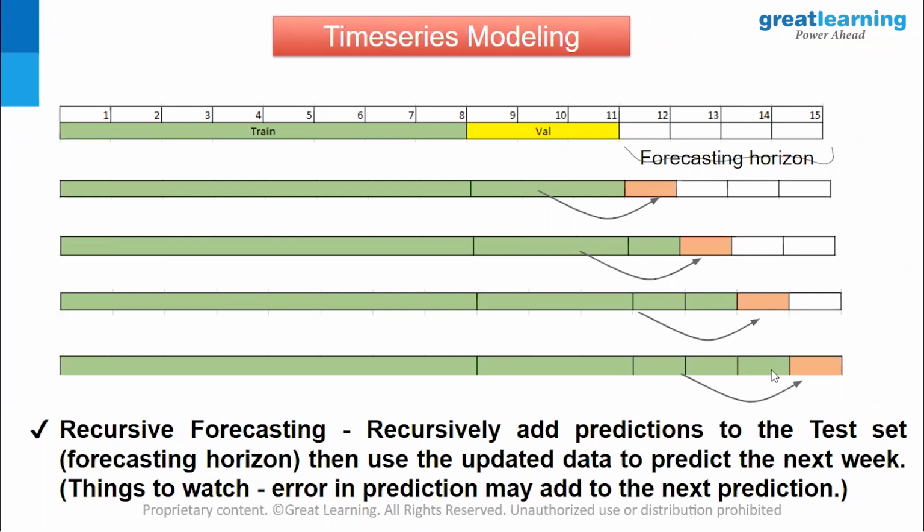And that's how you actually build your forecast using the machine learning model. Okay, so you basically go unit by unit. That unit could be a day or a week or a month, depending on how your data is spread out.